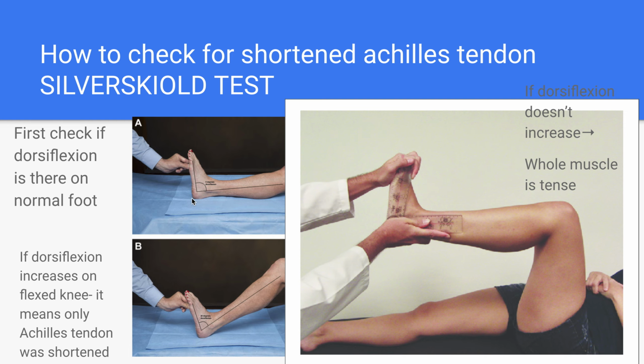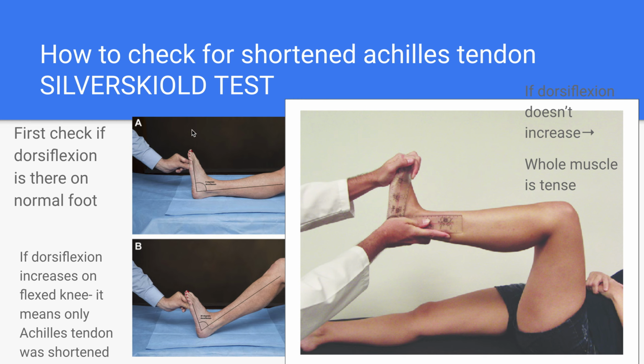An equinus deformity is when the foot is in plantar flexion and the heel is off the ground. But interestingly enough, to check for a constricted Achilles tendon, you have the Silverskiöld test.